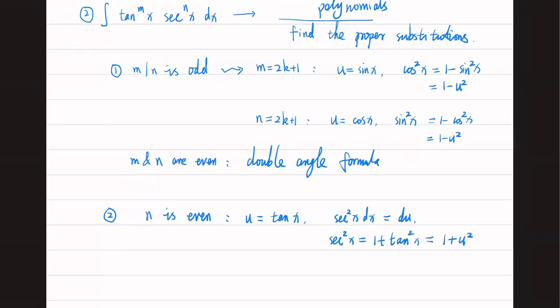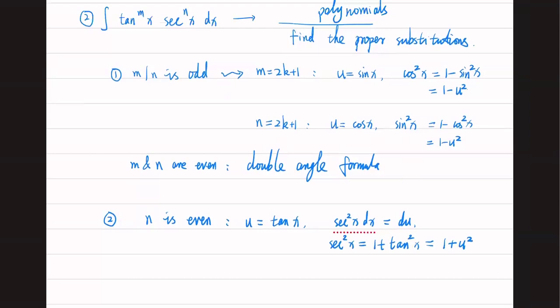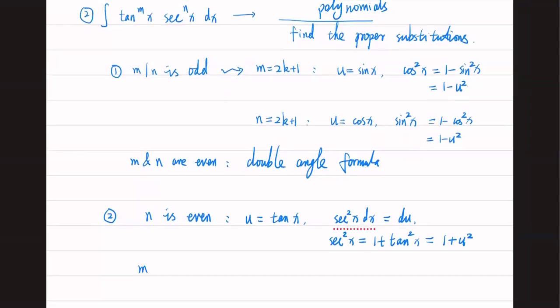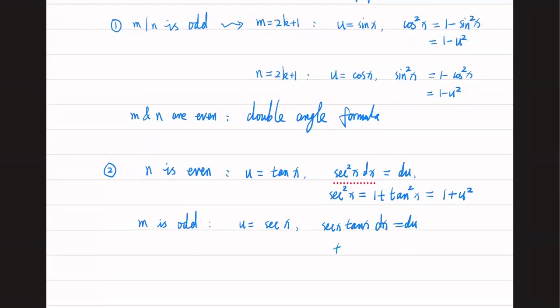If m is odd, then it's good. Okay. The remaining case, trig identity.